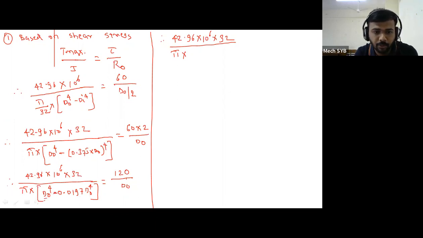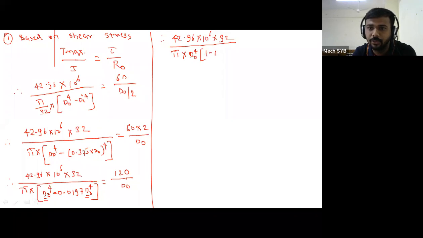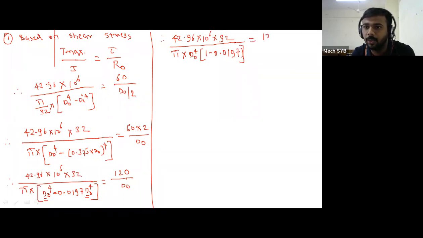That means do raised to 4 and do raised to 4, these are the common terms. I will take outside the bracket do raised to 4 in bracket 1 minus 0.0197, bracket complete is equal to 120 divided by do raised to 4. Okay, so these are the next step.